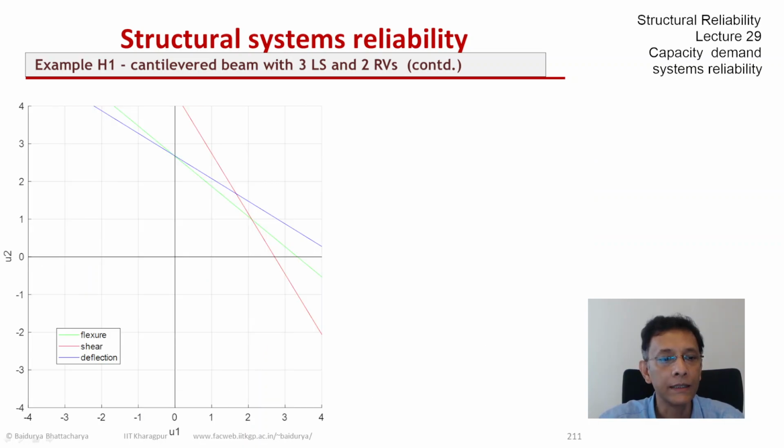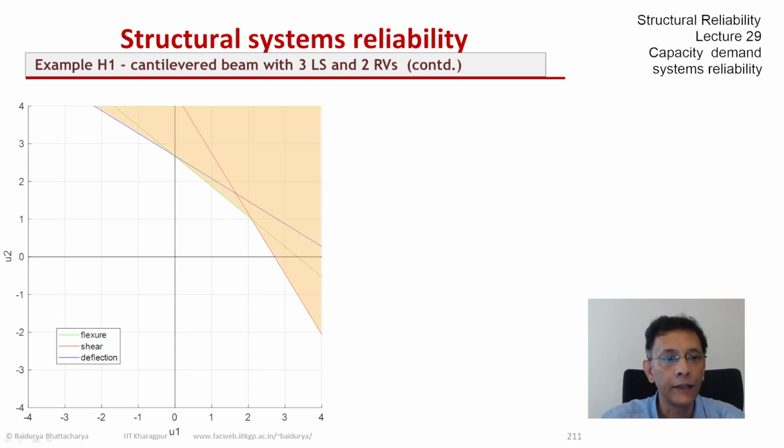So this is what the 3 limit states look like transformed onto the standard normal space of U1, U2. U1 and U2 are standard normal independent random variables. The green is flexure, the red is shear, and the blue is the deflection limit state.